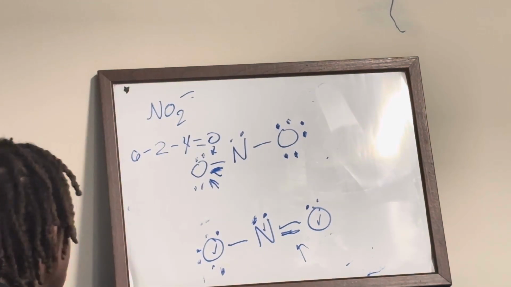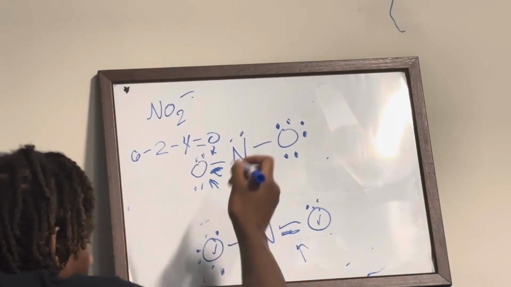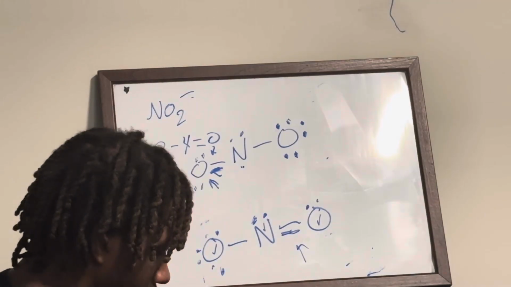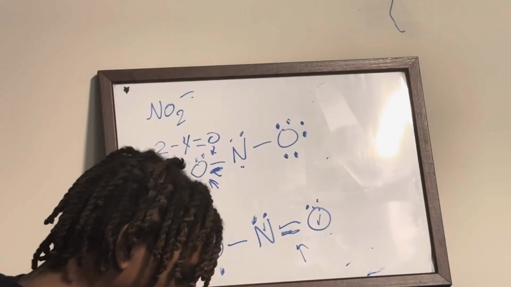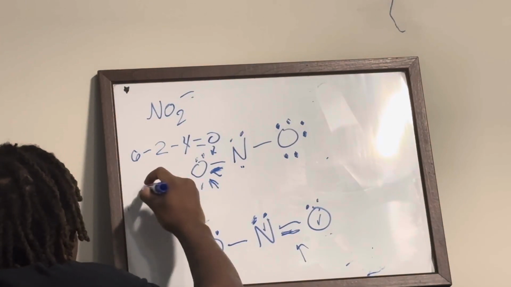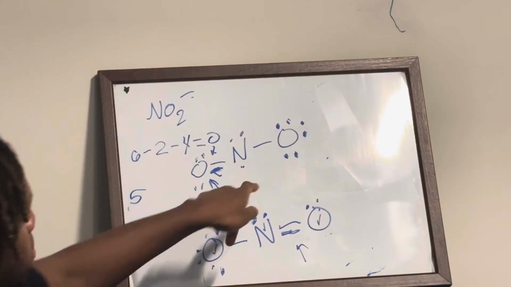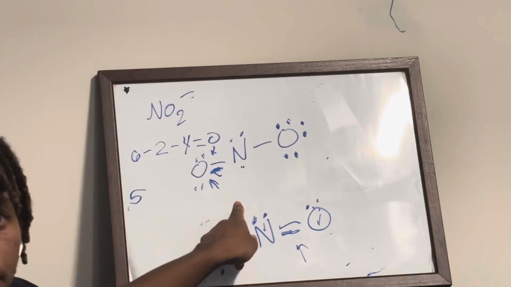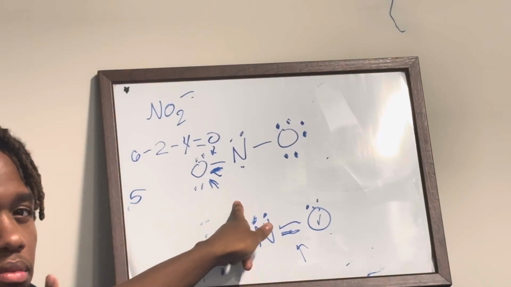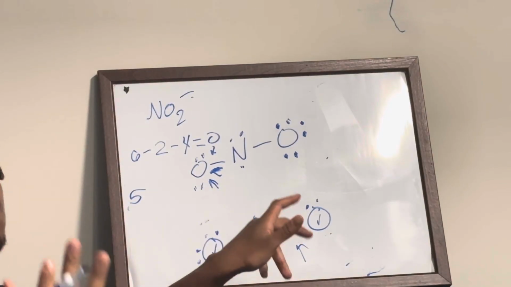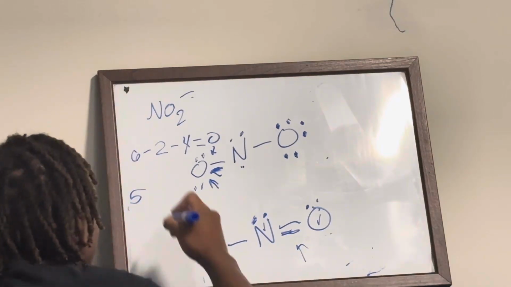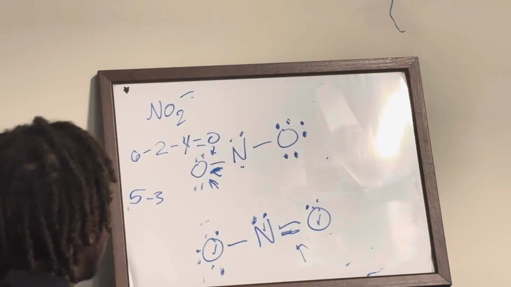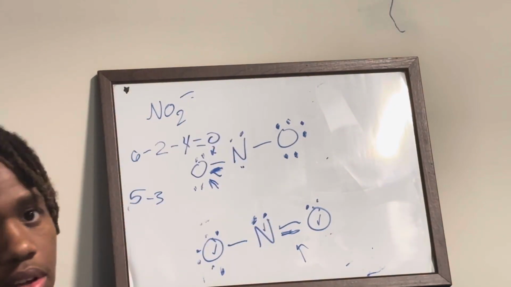So let's see N. N is 5, right? N is 5. How many bonds does it have? 3. Minus 3. 1, 2, 3 bonds.